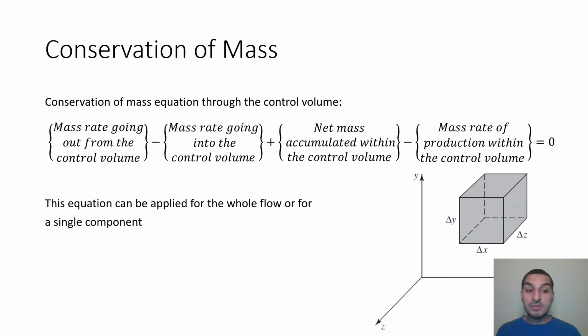By doing this, you can write balance equations on it, because the concentration is homogeneous. This is a very valid assumption, because it's a differential volume. We don't say x, y, and z, we say delta x, delta y, and delta z, because it's very, very small. And we will see in the derivation that delta x, delta y, and delta z are going to tend to zero. This is what we assume.